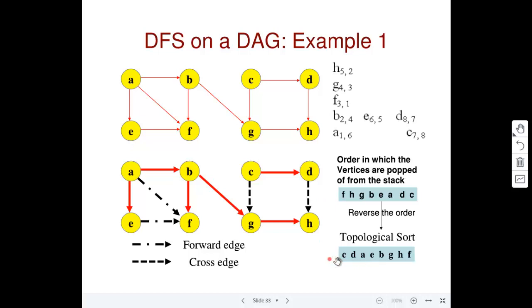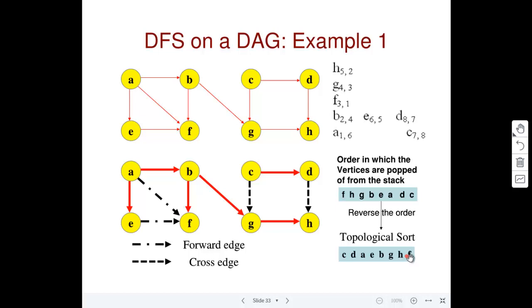So if you follow the sequence of courses and check if there's an edge from one vertex to another, and follow the courses in this order, then you will not violate the prerequisite requirements. In the case of F, you take F at the end. That means by the time you take F, you should have taken its prerequisite courses A, B and E.